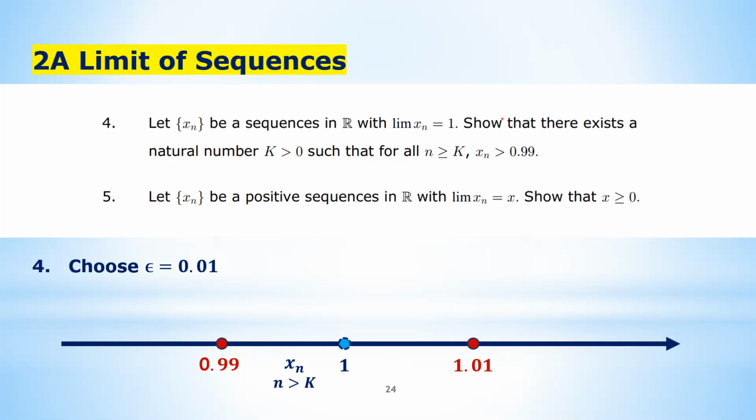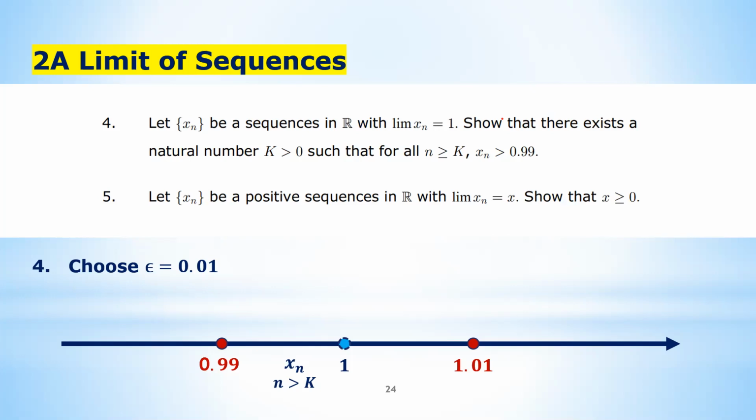Based on the epsilon argument, when n is large enough, xn has to be inside this interval, and this indicates that xn will be greater than the left endpoint. That is, xn is greater than 0.99. That's the idea of the proof.